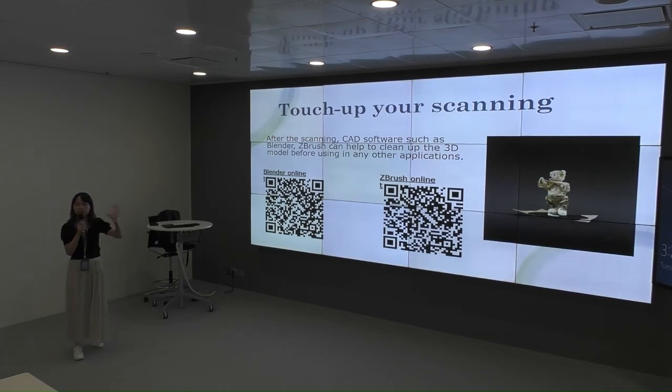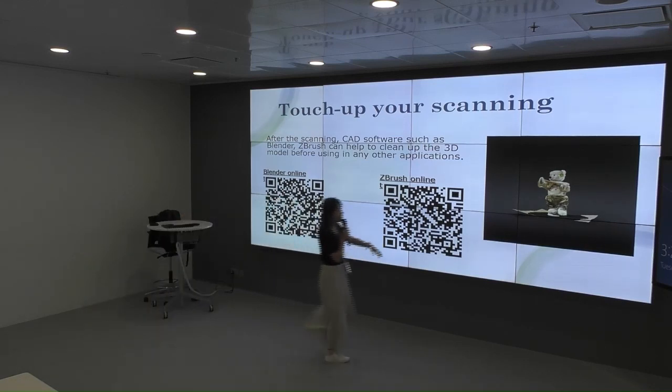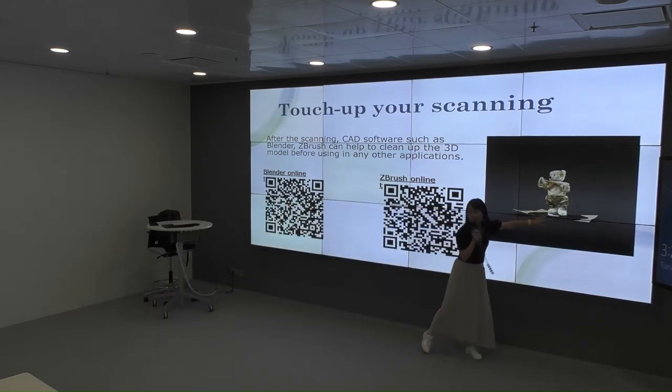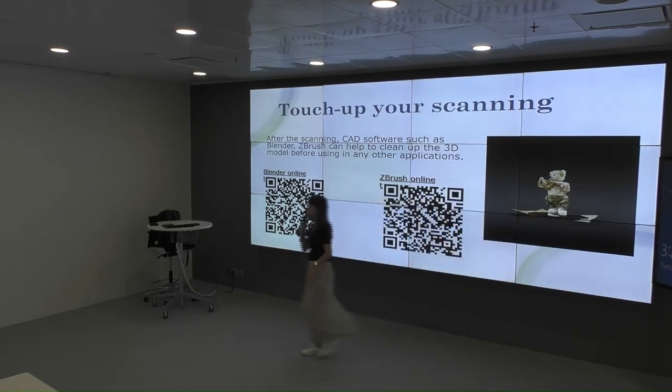We did the 3D scanning with the application Metascan. You can see the outcome is quite good, but maybe there are some areas I don't want, and I want to eliminate them. Then I can use the software Blender or ZBrush to delete the unwanted part.